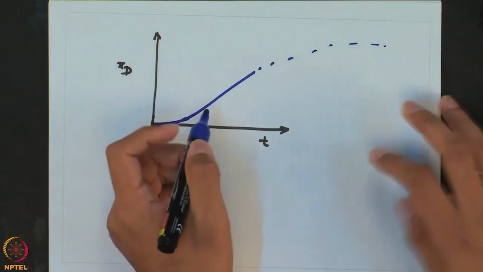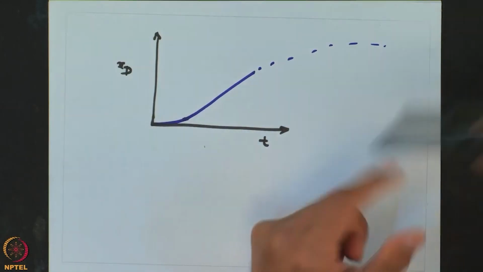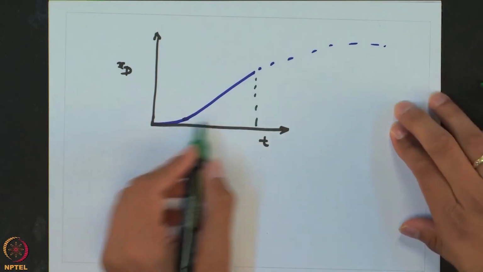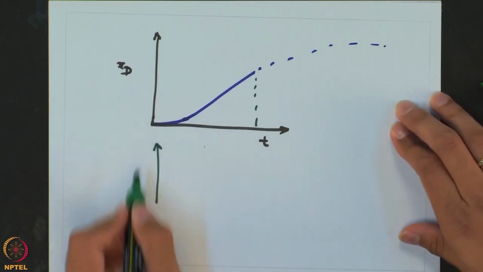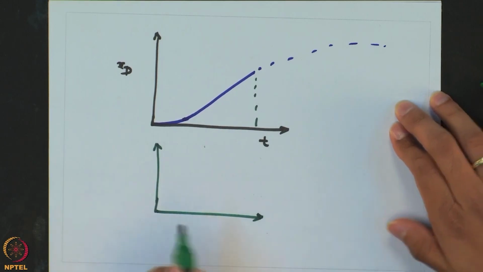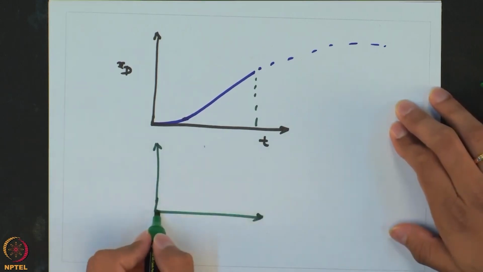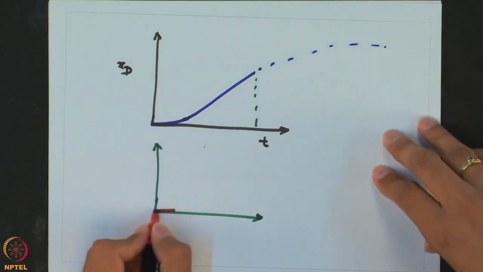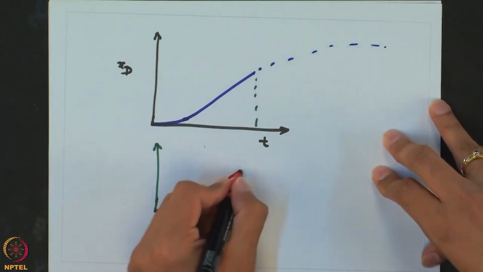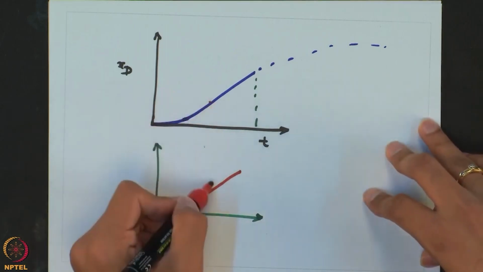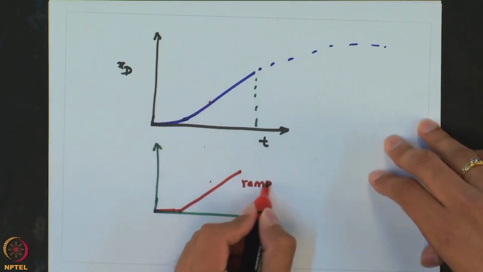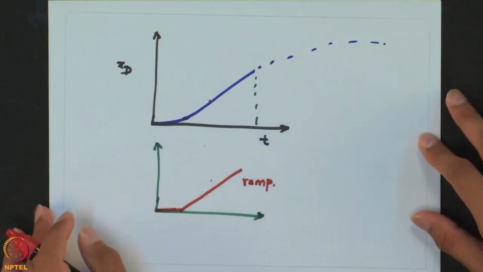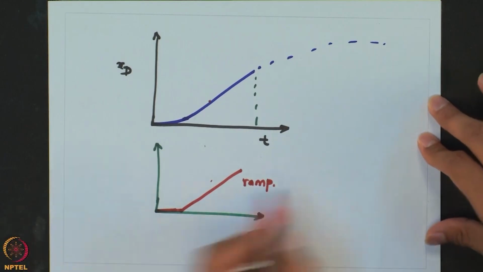So we just consider the response only up to this point, and we approximate it not as a first order plus dead time, but we consider that the response is like some dead time followed by a ramp. So we approximate this as a ramp rather than a response of a first order process. This is known as a first order plus integrator.